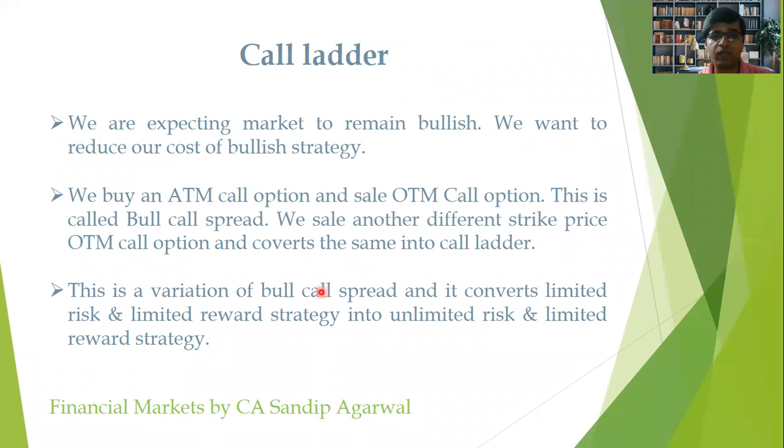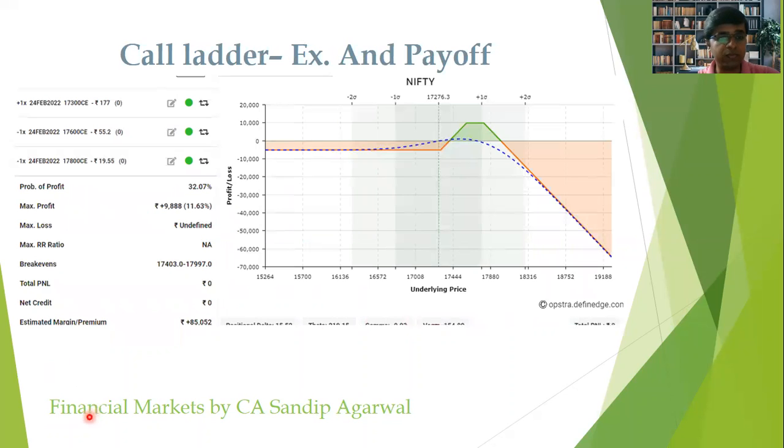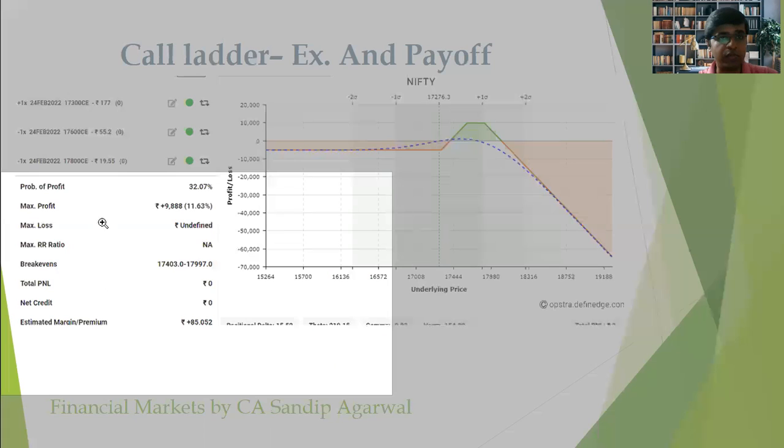This is again a variation of the bull call spread, and it converts a limited risk and limited reward strategy into an unlimited risk and unlimited reward strategy. This is basically the example and the payoff graph.